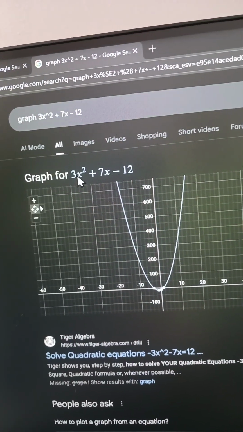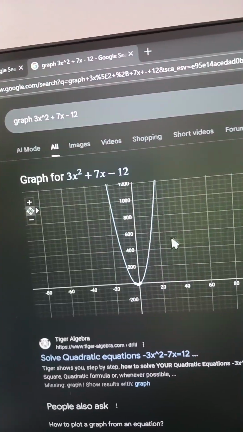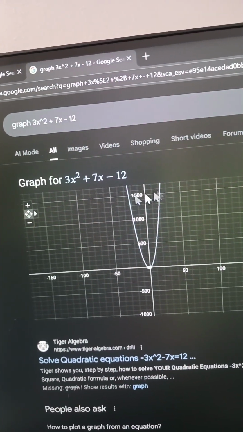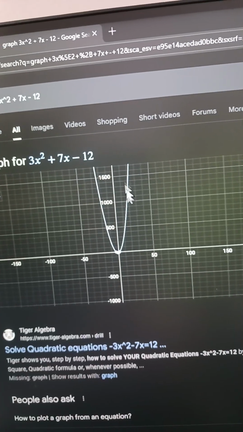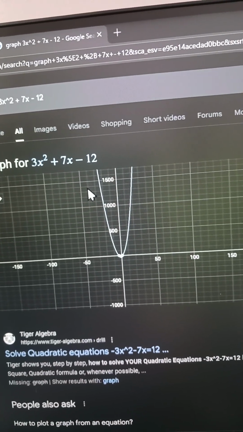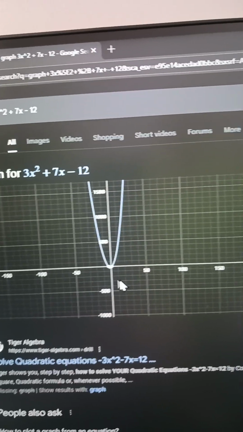If you have a positive value squared, it's still going to be positive. It ends up having this general shape where it points down if this is negative, and it's symmetrical on both sides of the y-axis, like it's symmetrical about the y-axis.